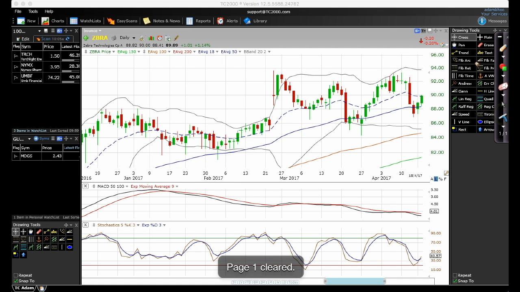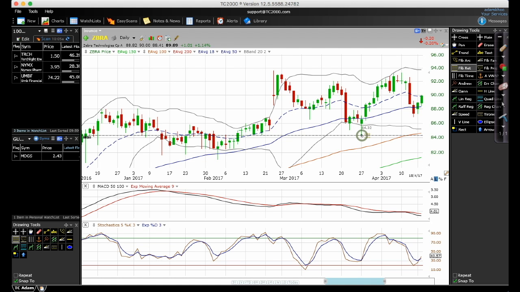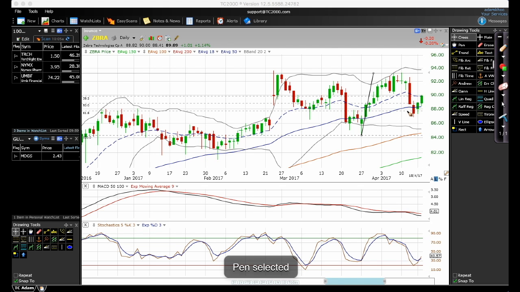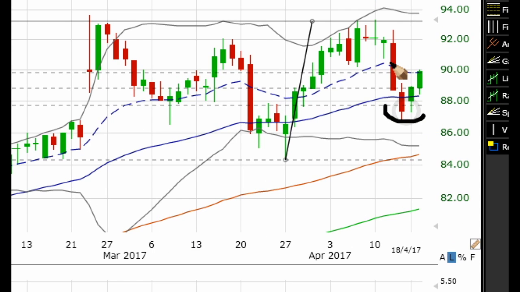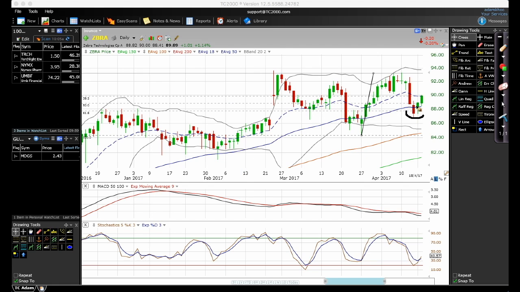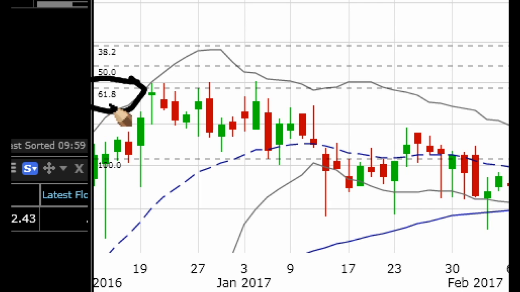So take my Fibonacci tool. Over here, okay? And click A, drag to B. There we go. So A to B, and you can see that this level over here, where it retraced to, is, ta-da, the 61.8 level.